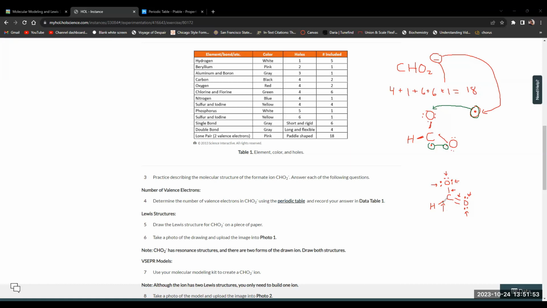We count the total: 2, 4, 6, 8, 10, 12, 14, 18, which works with the amount we're working with. However, I'm not done. This is a charged structure, so brackets. So this is the Lewis dot structure of this molecule. Pretty easy, you guys say?